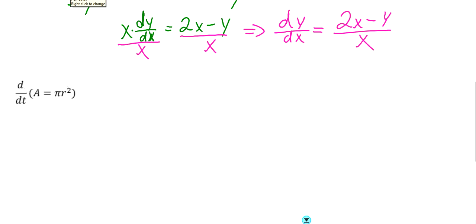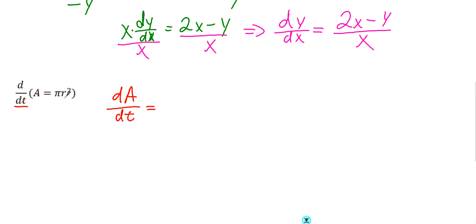okay, I have here the derivative with respect to t of A equals pi r squared. Now, you probably recall that's the area of a circle. Area equals pi r squared of a circle. So I'm going to take the derivative of this equation with respect to t. Now, in the last one, we did it with respect to x, but we can take the derivative with respect to whatever variable we want. So again, since my variables don't match, when I take the derivative of area with respect to t, I'm going to get dA over dt.